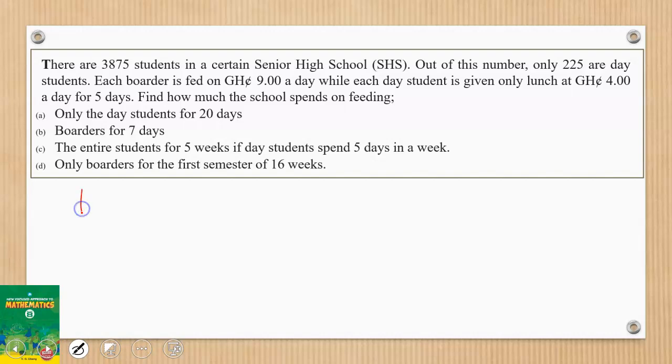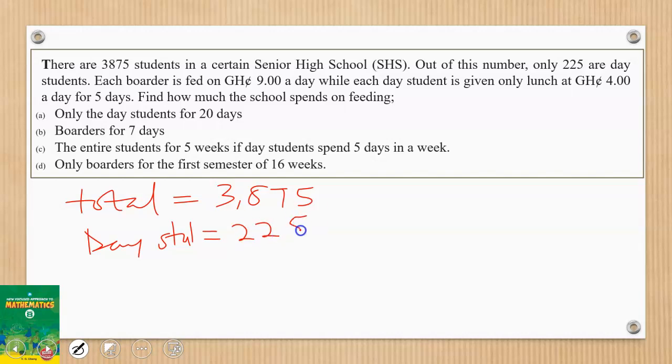And so this is a very compact question, and we need to take them one after the other. So total students in the school, according to the question, is 3,875. Now, out of this, day students is equals to 225.